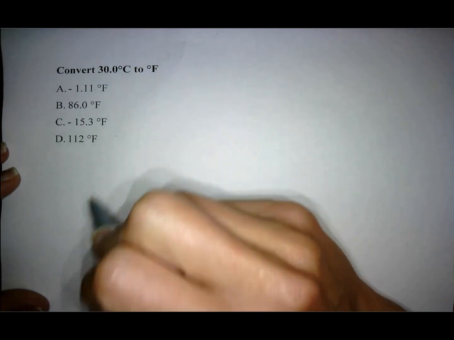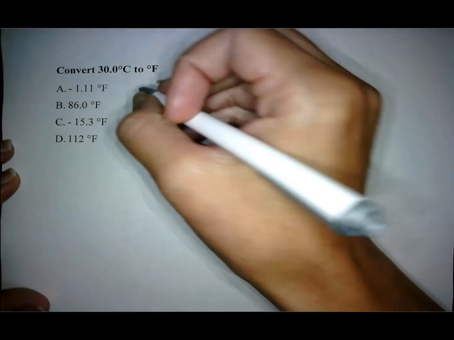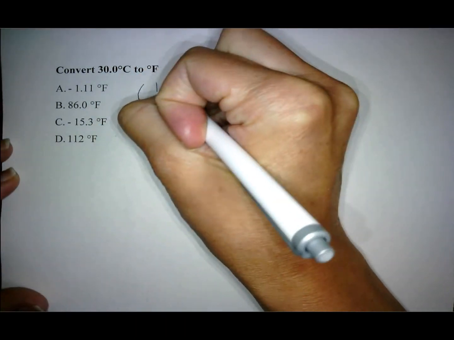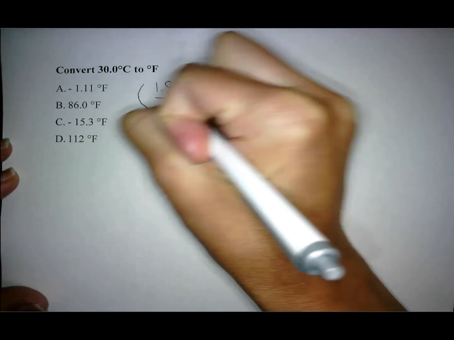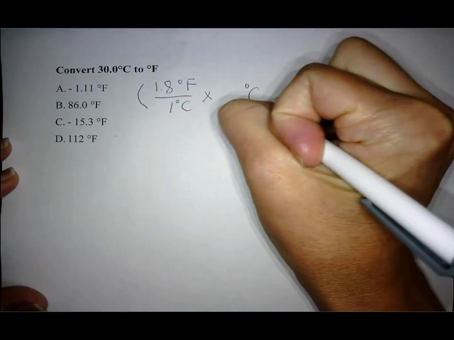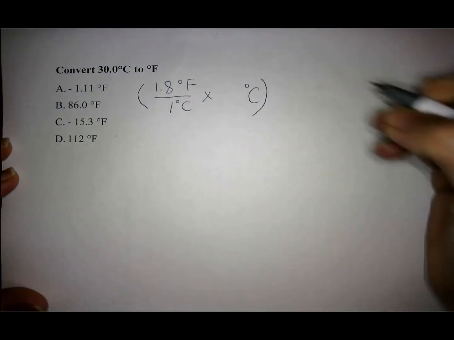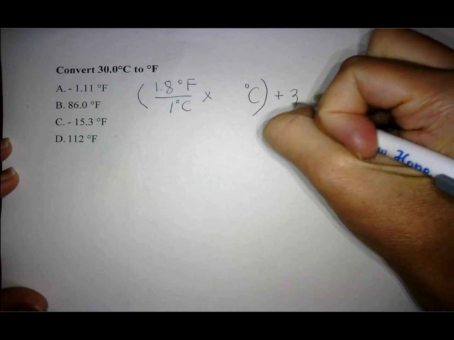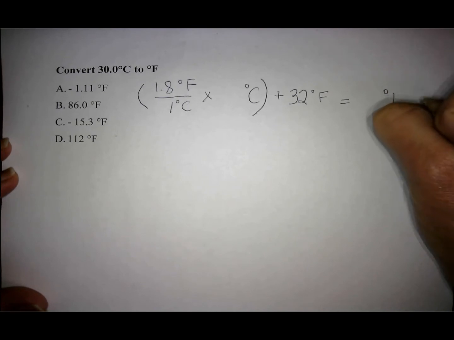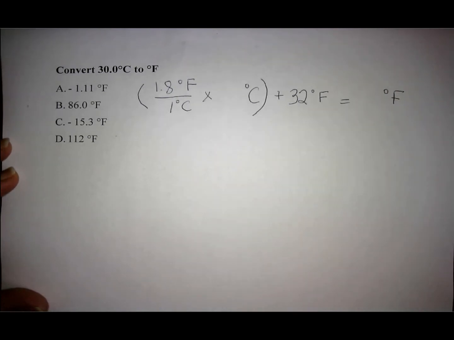For this problem, we're going from Celsius to Fahrenheit, so we can use our equation as is, 1.8 degrees Fahrenheit over 1 degree Celsius times our temperature in Celsius that's given in the problem. Then we add 32 degrees Fahrenheit, and that will give us our temperature in Fahrenheit.